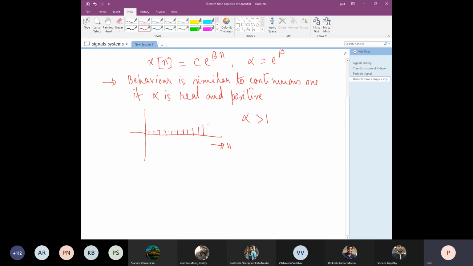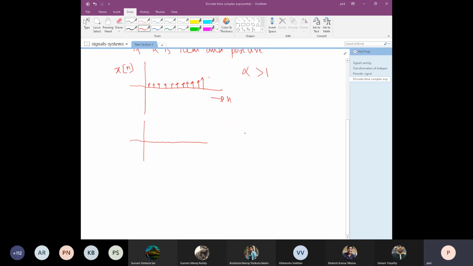Like that. So this is x[n]. Now if alpha is 0, of course, there will be a constant.